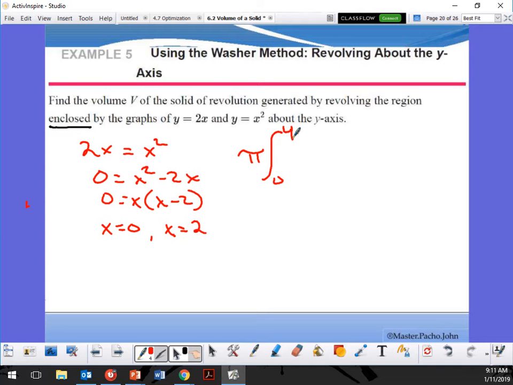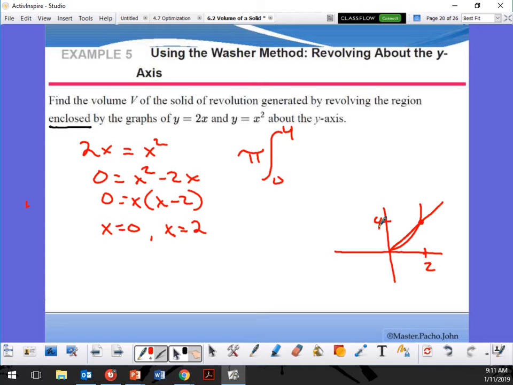So let's take a look. I'm going to do a quick sketch to show you. So x squared, something like this, and then 2x. It's going to look something like this. That's my x value, which is 2, and my y value, which is 4.